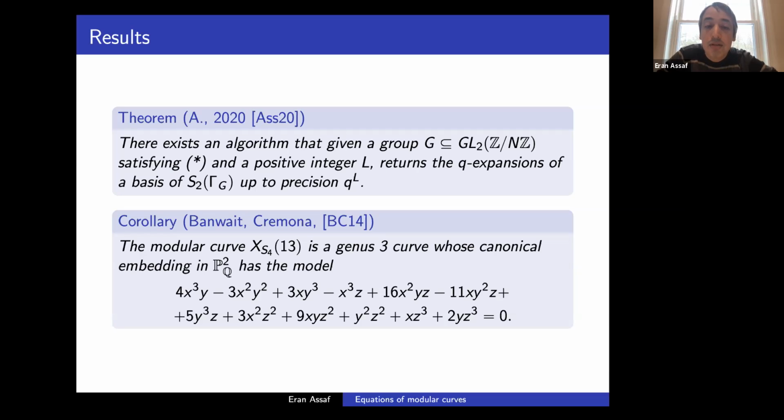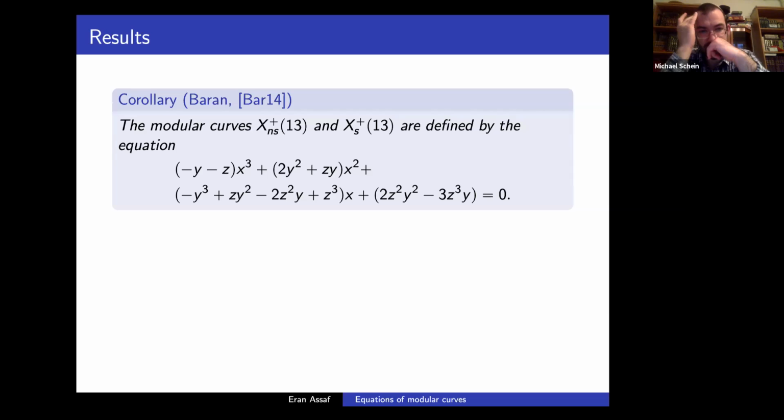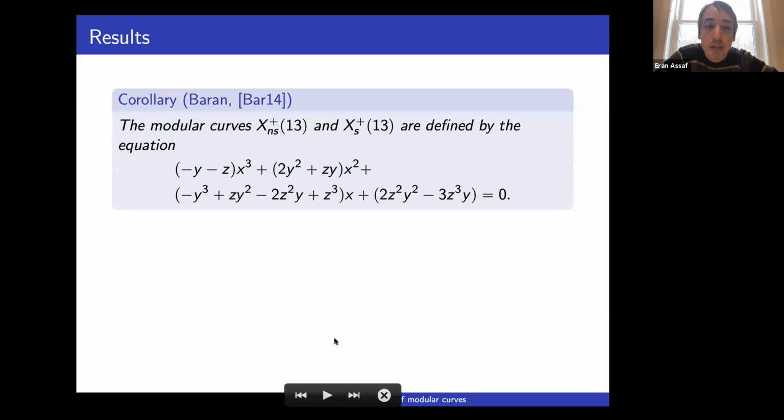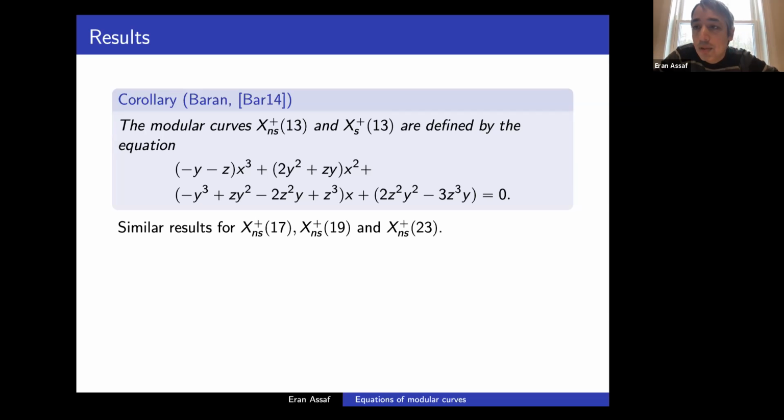For example, you can see here an equation for the modular curve of the exceptional group S4, and the result we showed earlier of Baran for the non-split Cartan for 13. And we get similar results also for 17, 19, and 23.